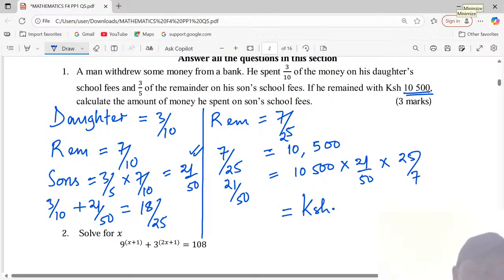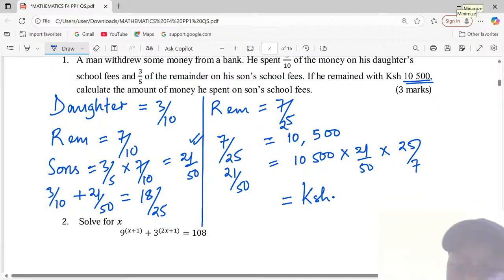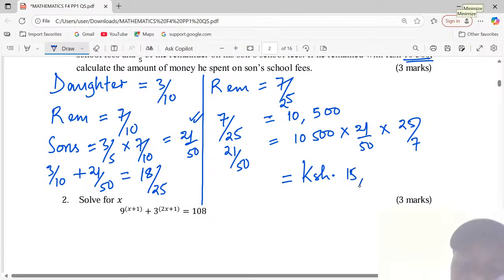So for the son's fees, this is what the man is going to have: 10,500 times 21 over 50 times 25 over 7. This gives us exactly 15,750. So we've gone direct to the son's fees.